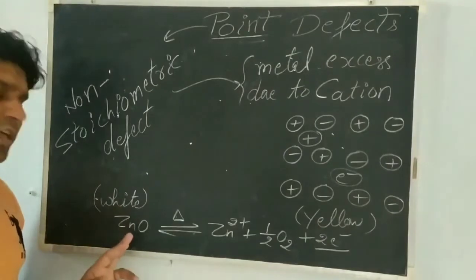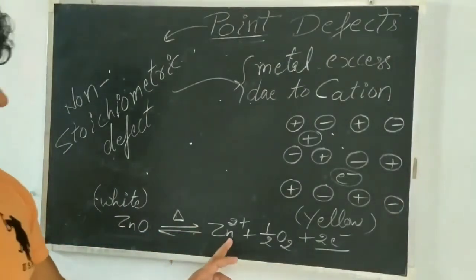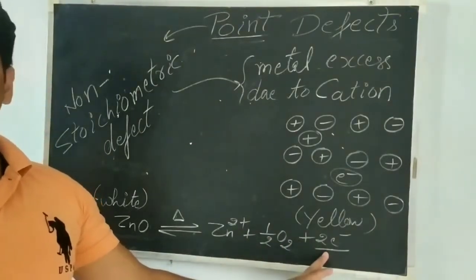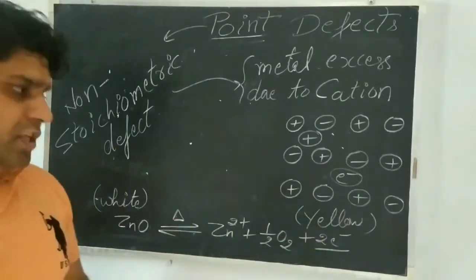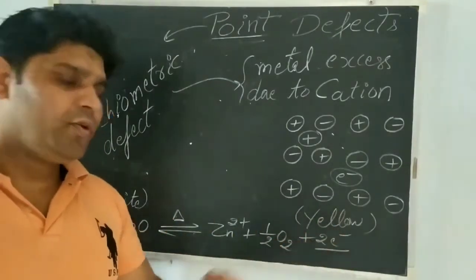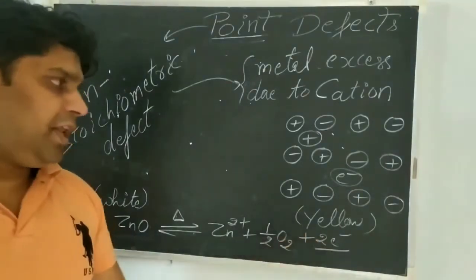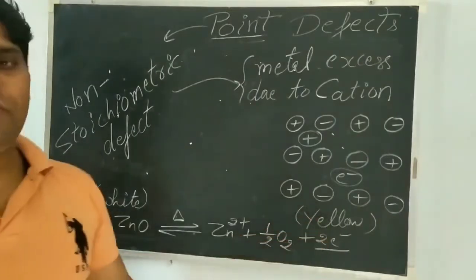When the white zinc oxide crystals are heated, they dissociate into zinc cation, half O2 and 2 electrons. Due to the presence of these 2 electrons, the white zinc oxide is converted into yellow colored zinc oxide. These free electrons absorb the white light and show the yellow color.